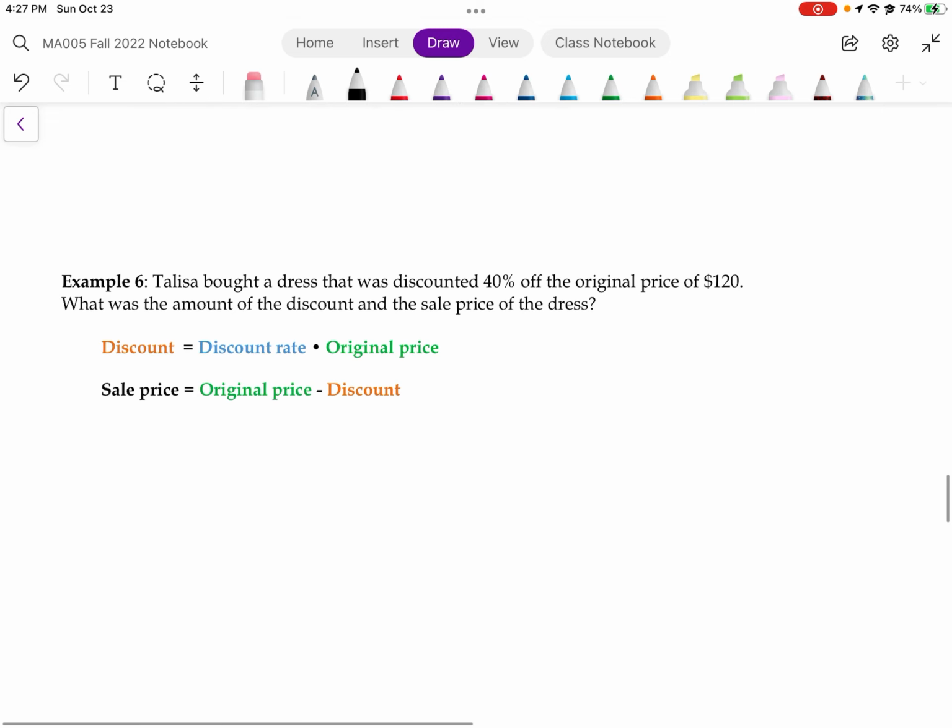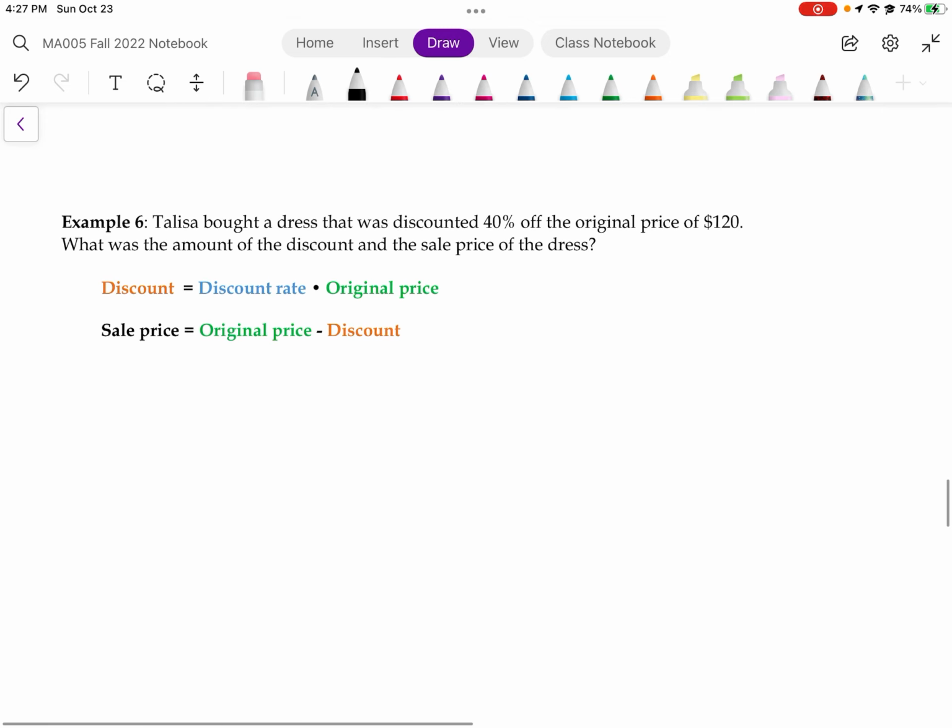All right, Talisa bought a dress that was discounted 40% off the original price of $120. What was the amount of the discount and the sale price? Okay, so we have to do both. All right, so the discount equals the discount rate. So this is the discount rate, and it equals 0.40, 40%.